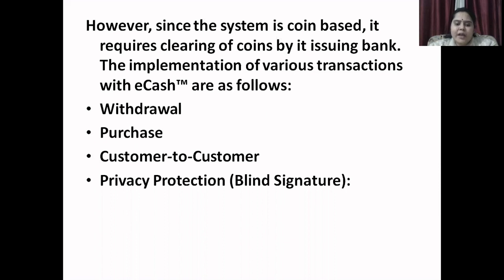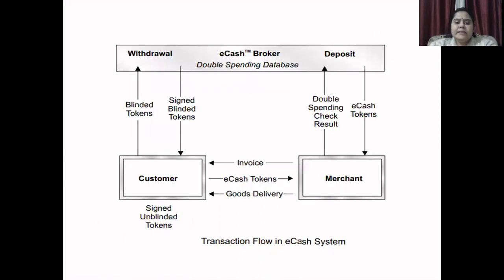Pictorially, these transactions can be summarized as shown in the figure below. In this figure, we see that there is a customer with a signed unblinded token who will transact in the eCash system and gives the eCash token, and the merchant gives the invoice and goods delivery back to them.